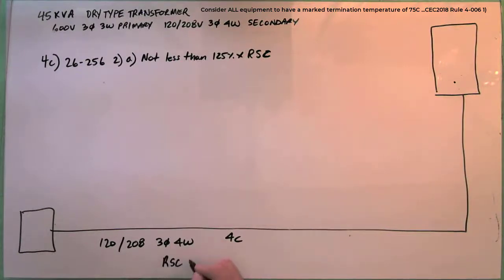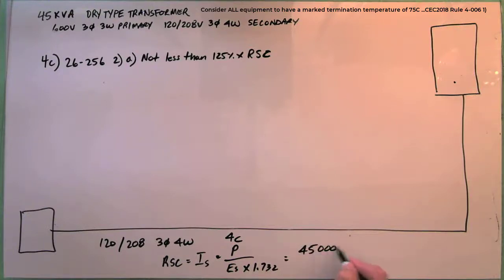Rated secondary current, I of the secondary, equals the power of the transformer divided by the voltage in the secondary times 1.732. This is a 45 kVA divided by 208. Line values, always line values, times 1.732. I think I get 125 here, I'm guessing.